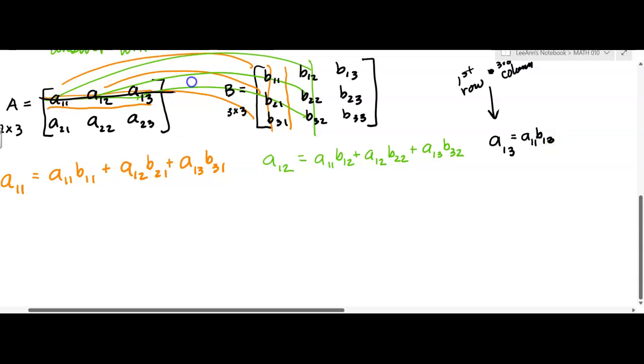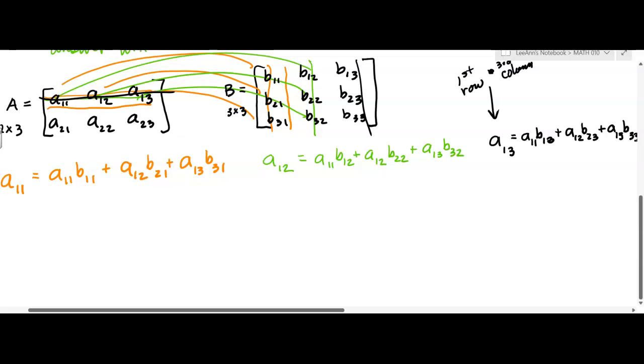Okay, so I'm striking the row and the column, plus A12 times B23 plus A13 times B33. Okay? That's the first row.